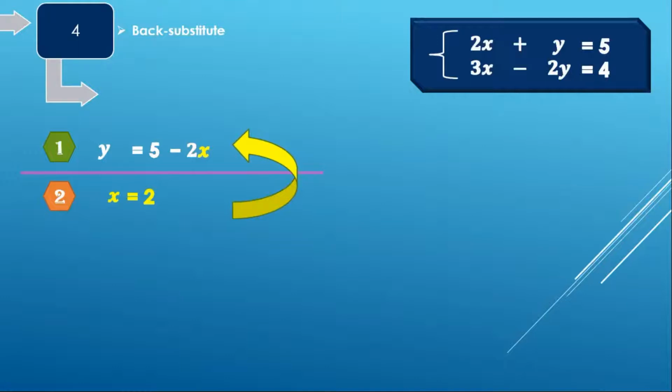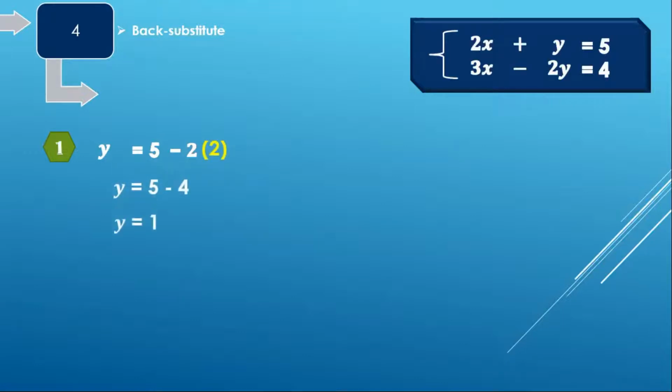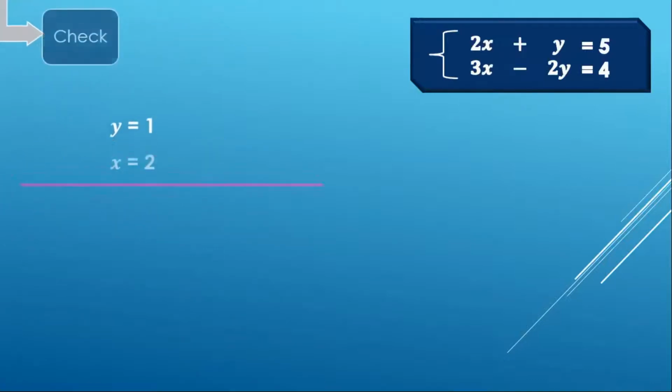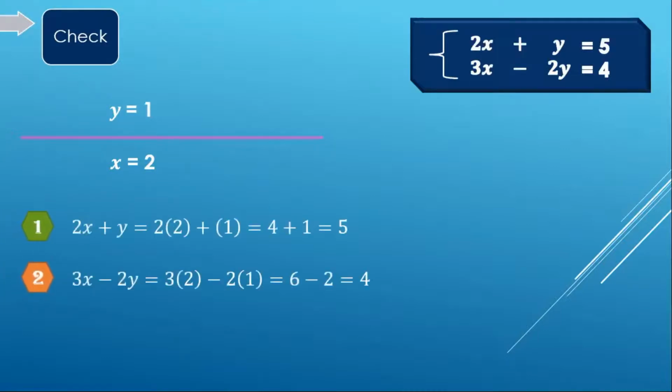So in equation 1, I substitute x for 2, solve, and I get y equals 1. So I believe the solution to this system is y equals 1, x equals 2. I can now check this. I plug in this point. It needs to satisfy both equations.